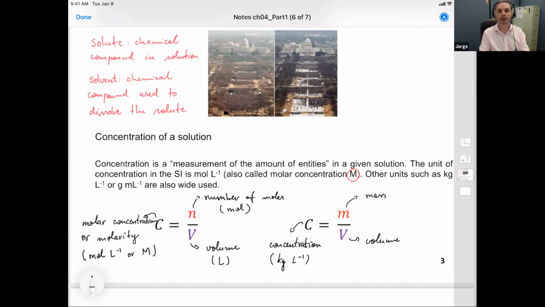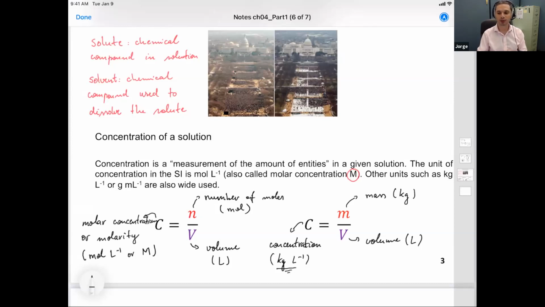What are the units that are going to be used? Always look at the units for the concentration. If the concentration is being asked in kilograms per liter, then mass is going to go in kilograms and volume is going to show up in liters. So the problem in this case will specify what unit for concentration is being used. And from there, you adjust the mass and volume units, okay?